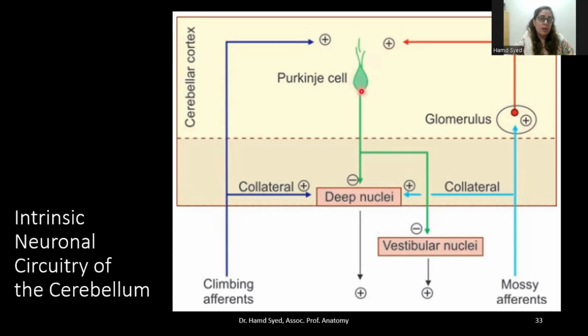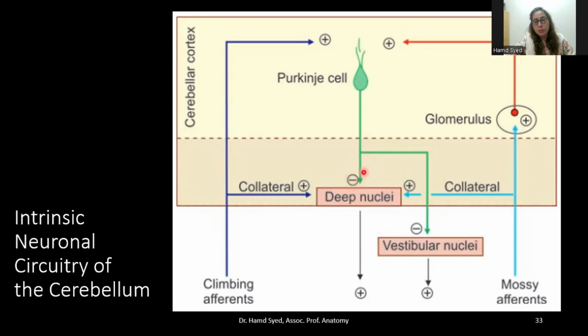Okay, now let's come to this Purkinje cell. These Purkinje cells, their axons are emerging from their basal aspect, and then they are going to synapse on the deeper nuclei. As I told you, the efferents emerging from the axons of the Purkinje cells have, as can be seen by this negative symbol, an inhibitory effect.